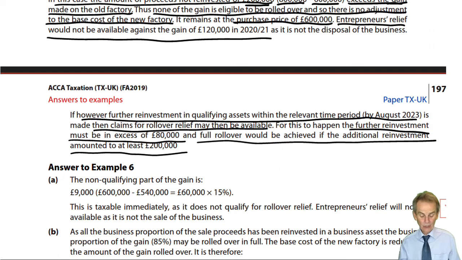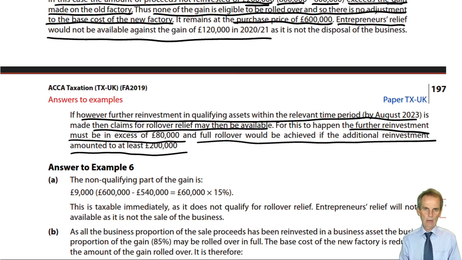Again, the basic answer to this question was that you buy for 600, and no rollover relief is currently available, because you've taken out £200,000 and the gain you made was only 120. If it were a written exercise, you'd then explain to your client that at this point there's no eligible rollover, but the clock's still ticking.